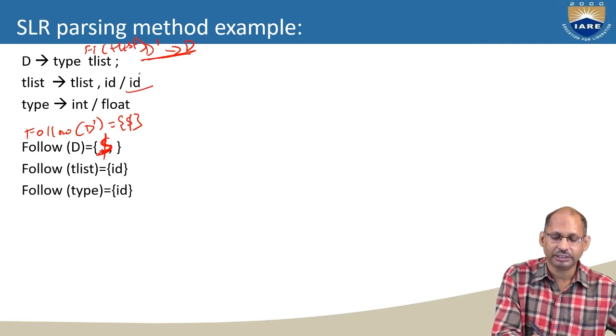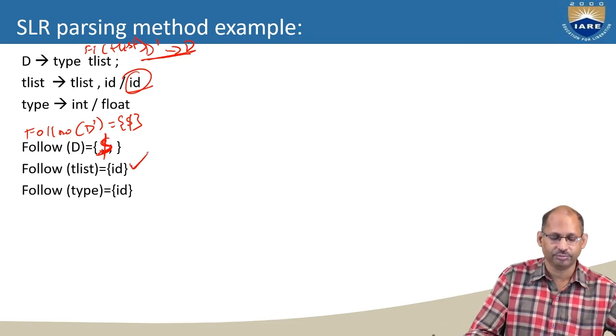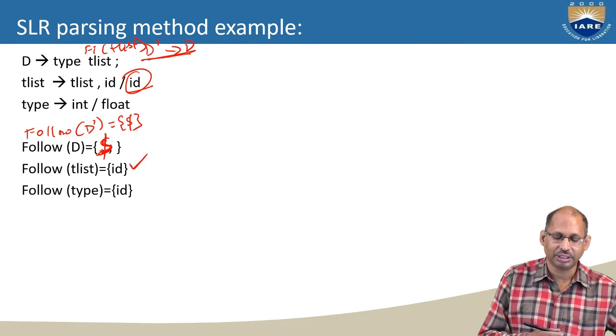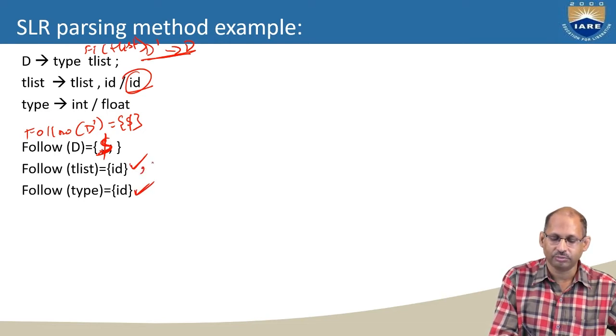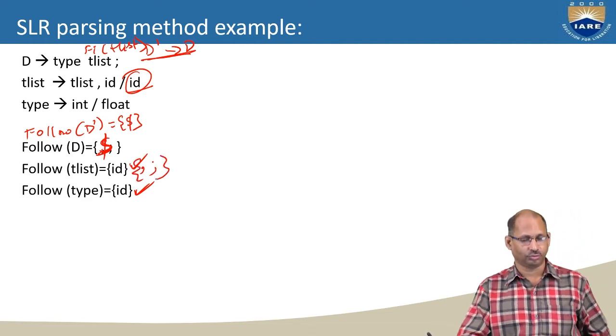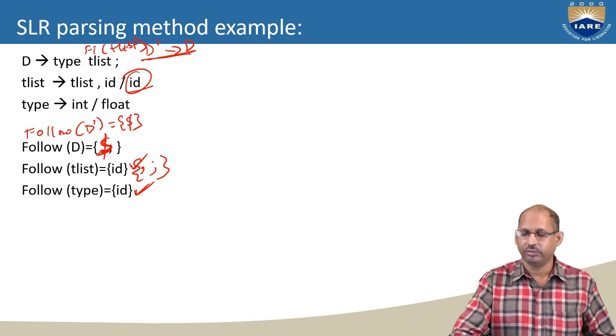First of T list is ID. Then follow of type is over. Then follow of T list. Follow of T list is comma and semicolon. Right? Follow of type is ID. Follow of T list is comma and semicolon.